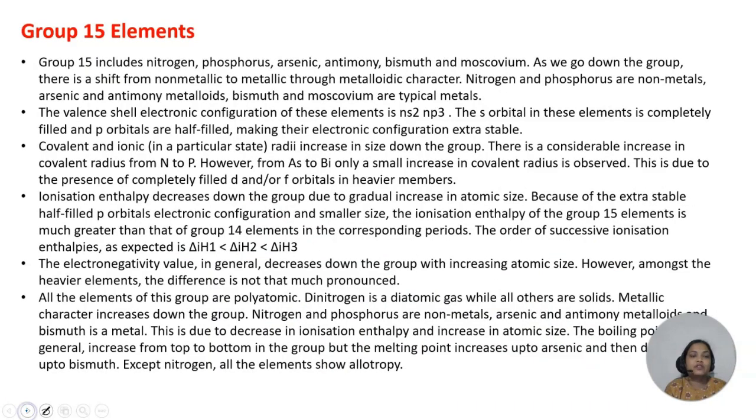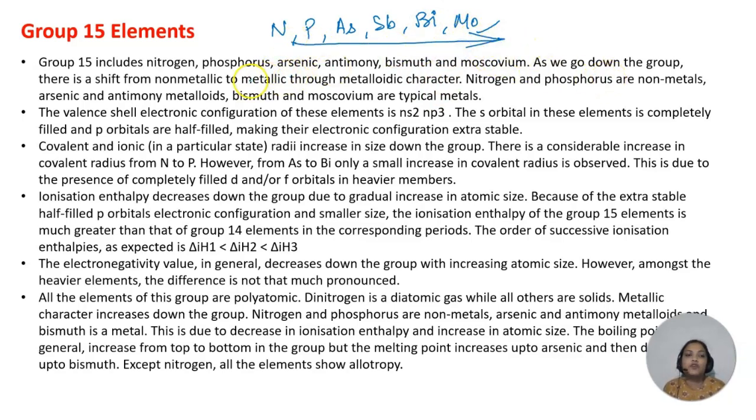So now let us talk about group 15 elements: nitrogen, phosphorus, arsenic, antimony, bismuth, and moscovium. As we go down the group, you know that there is a shift from non-metallic to metallic character. Non-metals and metalloids, then metal.